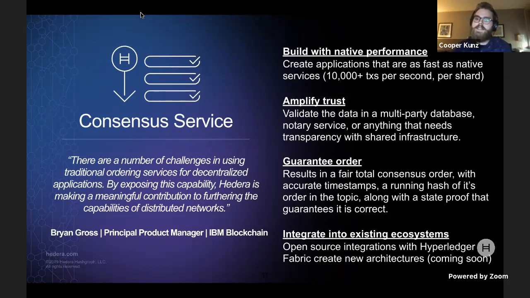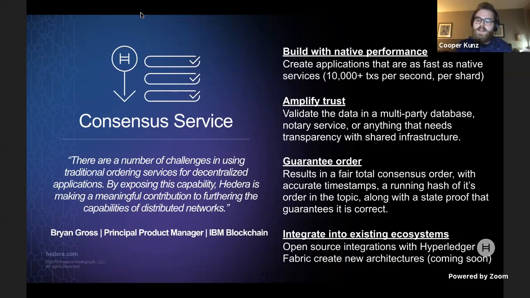So this is a really nice way that you'd be able to integrate Hedera's consensus service with things like Hyperledger Fabric or IBM's blockchain platform, where you'd be able to stand up a Fabric deployment and then have the ordering and the actual consensus for that Fabric deployment go on Hedera. And then after that consensus has been achieved, the results in these Fabric deployments that are listening to Hedera would be updated accordingly.